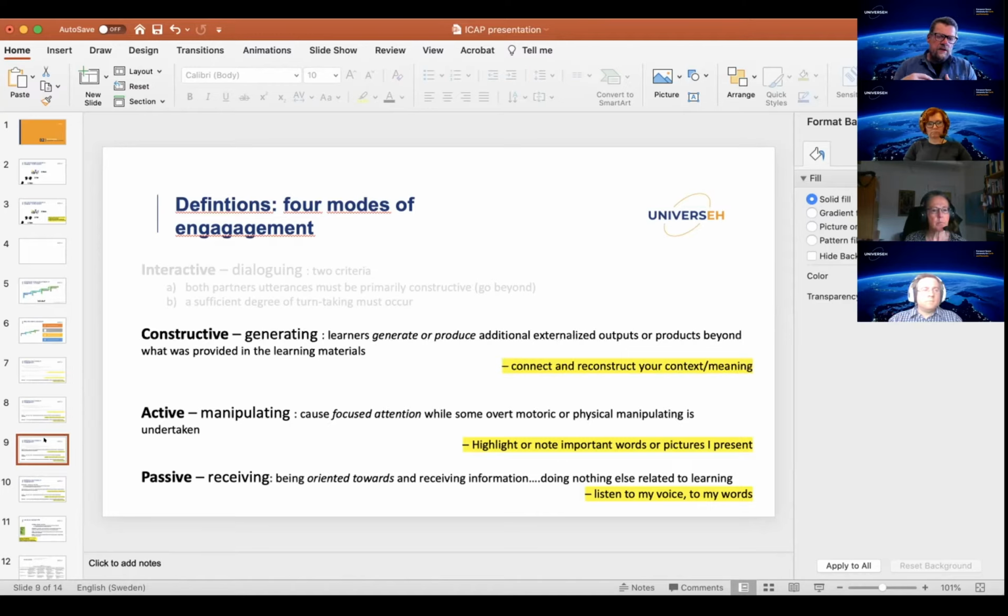And if we then try to help students to be, now we're taking a more qualitative step in my point of view, in a constructive mode. This is the mode where we help students to generate or produce some additional output or product that goes beyond the information that is provided.